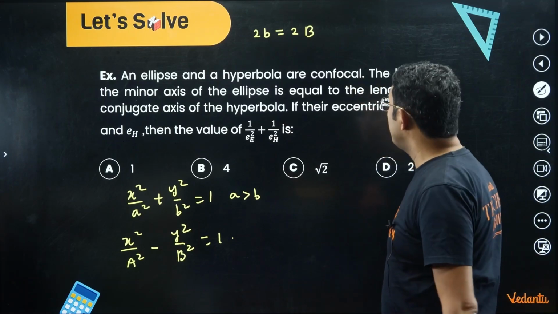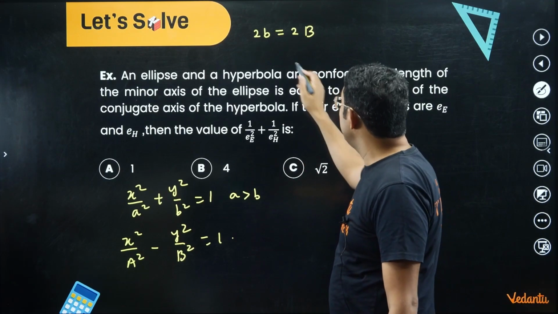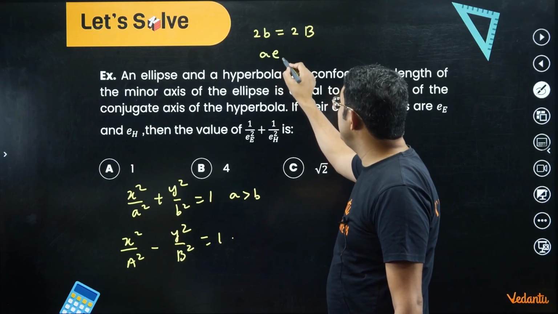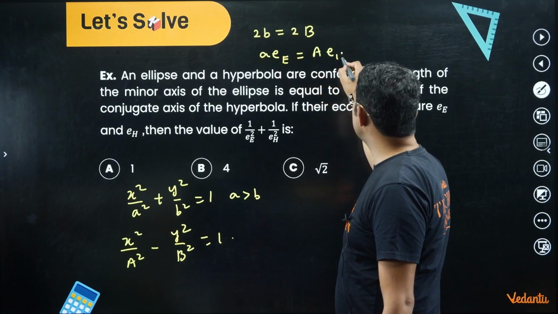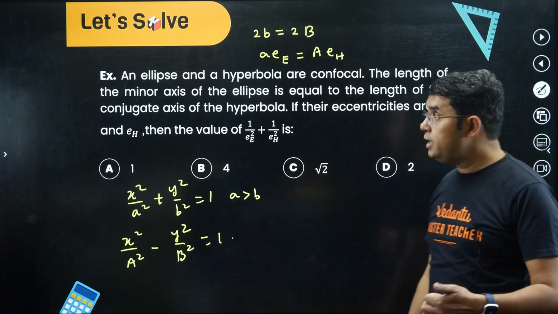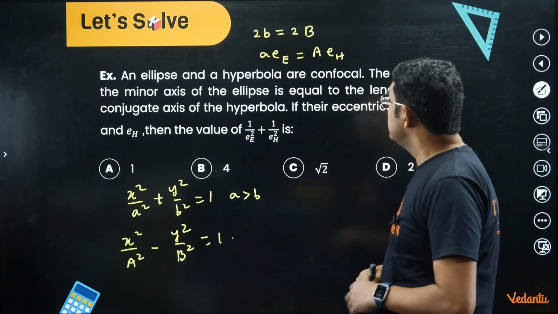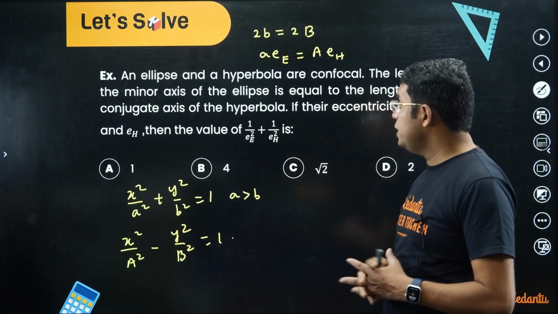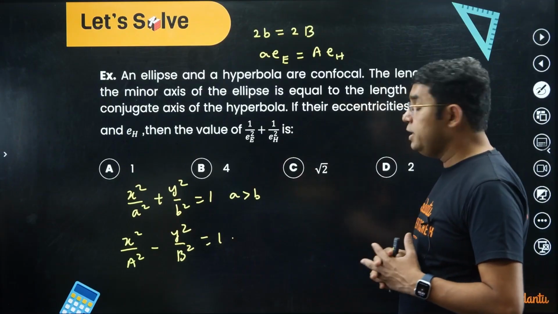So dear students, what we can do, one thing is this, and another thing is, if you remember from the diagram, your small a times EE has to be equal to capital A times EH. So AEE should be equal to AEH. Now using this, you can find 1 upon EE square plus 1 upon EH square.